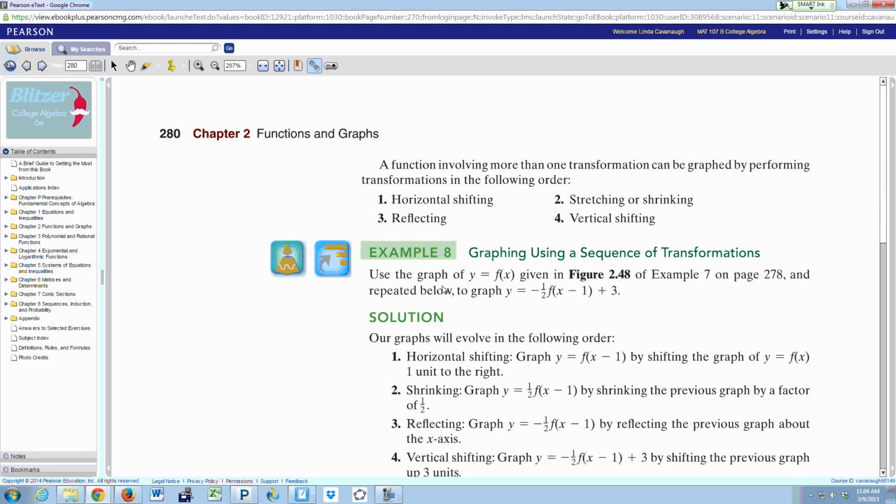When you go to Math 108 or Math 151, you're going to see a formula like we're going to look at in a minute. So you need to totally disregard this order when you have multiple transformations. They're telling you this based on this format, not the format we're looking at. So you need to cross that out and not pay attention to it.